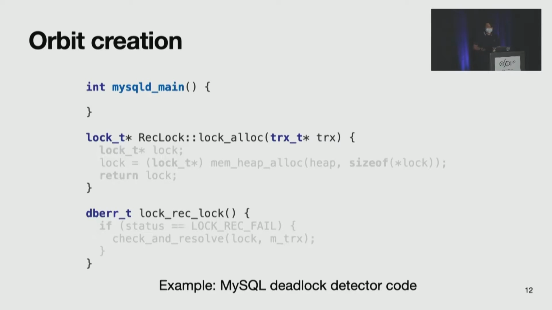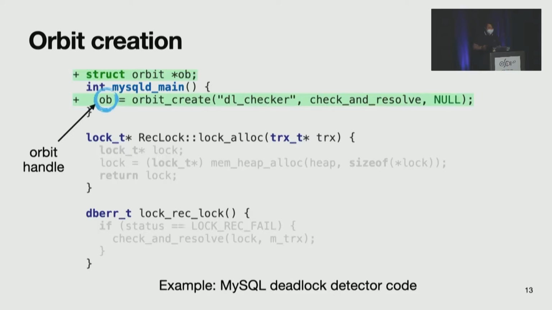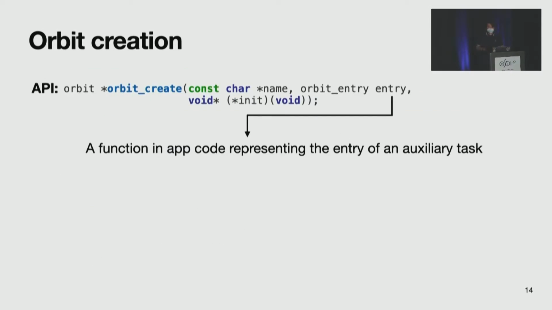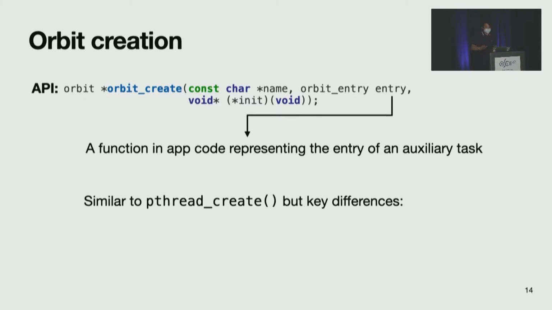Here's an example of using Orbit for the MySQL deadlock detector task. Developers can call orbit create to first create an orbit for later invocation. This API requires a function that represents the entry of an auxiliary task. It looks similar to pthread creation, but with key differences.